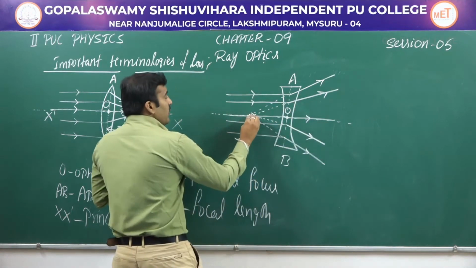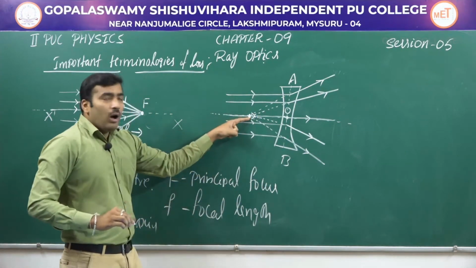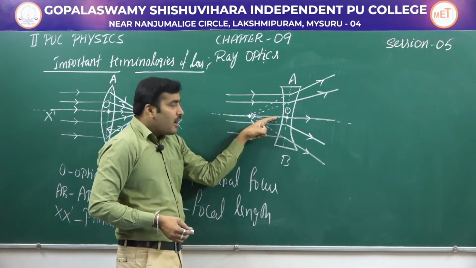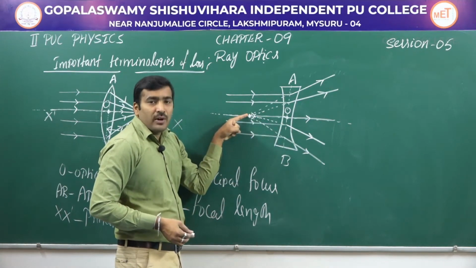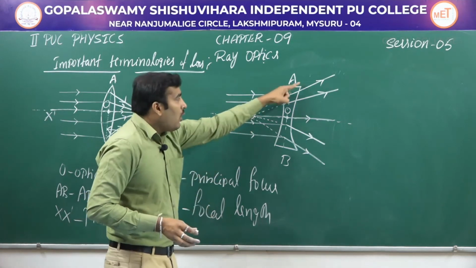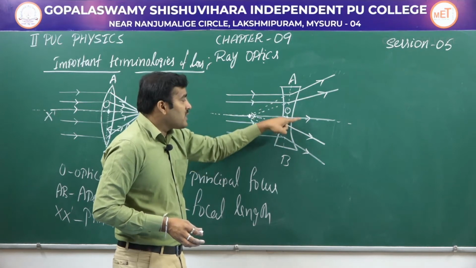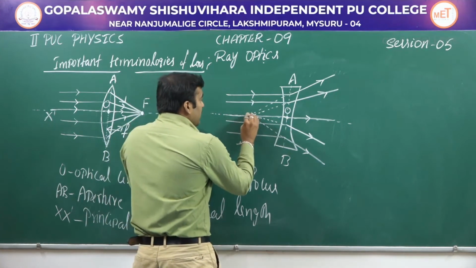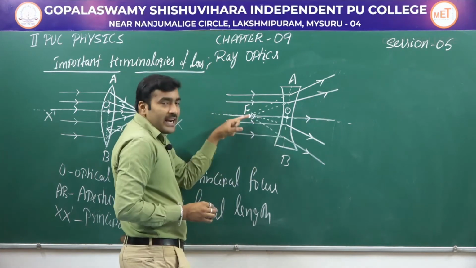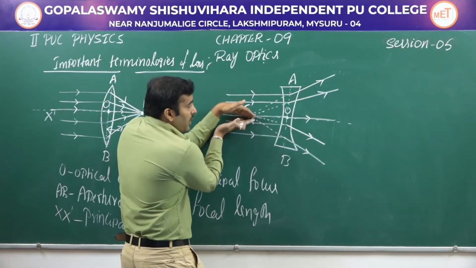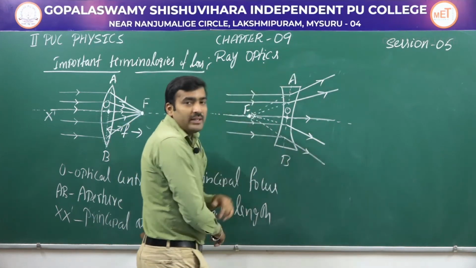All these refracted rays are just appearing to diverge from this point. It is not actually diverging from that point, but if you trace back their directions, you get a point F from where the rays appear to diverge.